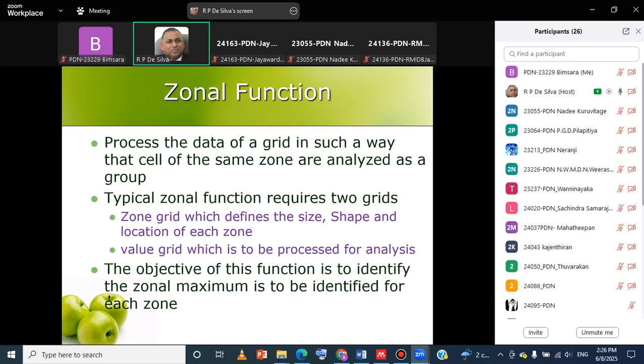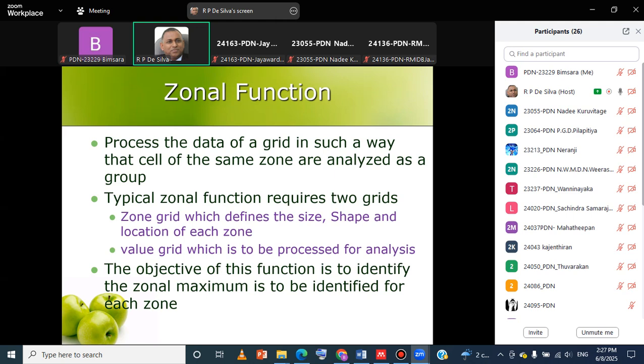But here, zonal functions process the data of a grid in such a way that cells of the same zone are analyzed as a group. So here we analyze cells of the same zone. It doesn't matter where it is located, whether it is a neighborhood or not. It's considered as the same zone.